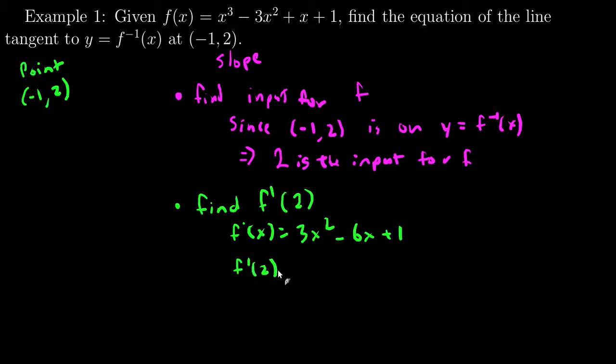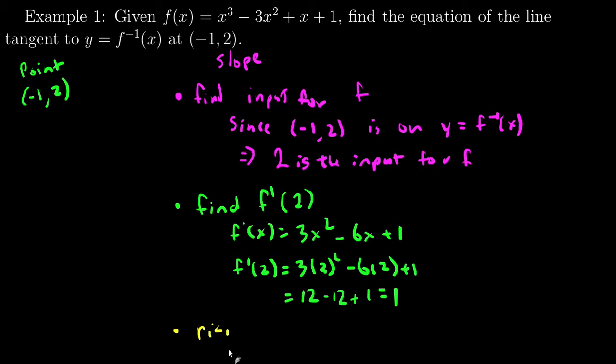F prime of 2 then will be 3 times 2 squared minus 6 times 2 plus 1. 2 squared is 4, times 3 is 12. Negative 6 times 2 is -12, plus 1 is 1. And I guess this isn't a great example because I'm going to find the reciprocal of this. That's not how you spell reciprocal at all. Let me actually do that correctly.